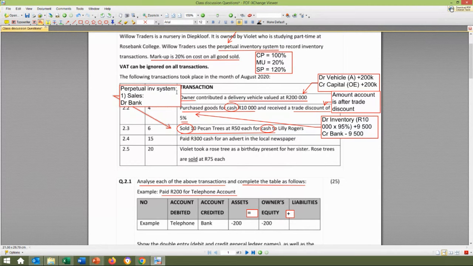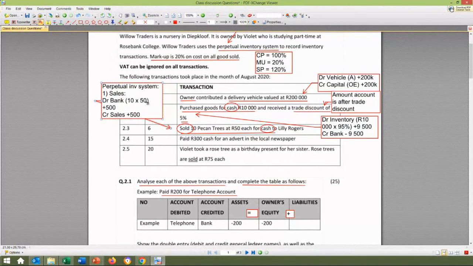So we know we are going to receive 10 times 50, which is 500 Rand. Okay, our bank is going to increase with 500 Rand, and we are going to credit our sales with 500 Rand. So sales will also increase by 500.